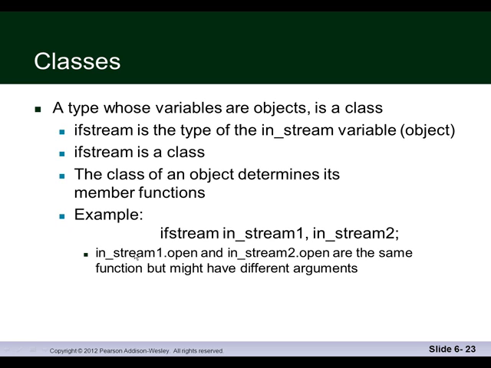It's going to use the object. Object is what is being created. The ifstream is not created, so it does not exist in the memory. But instream1 and instream2 have been created, so they exist in the memory.